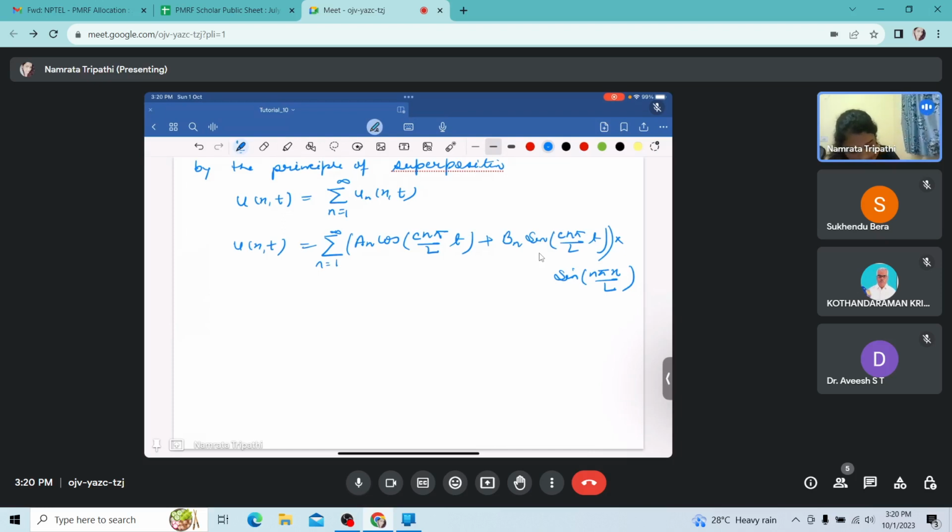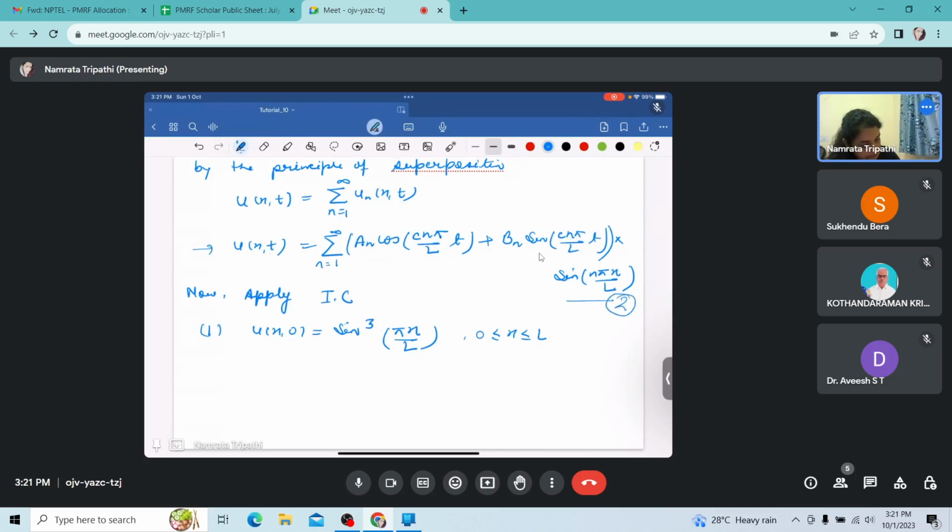So the given initial conditions are, now apply the initial condition. First one is u(x,0) is sin³(πx/L), which implies if we put t equals 0 in the above solution, let's say this is equation number 2.